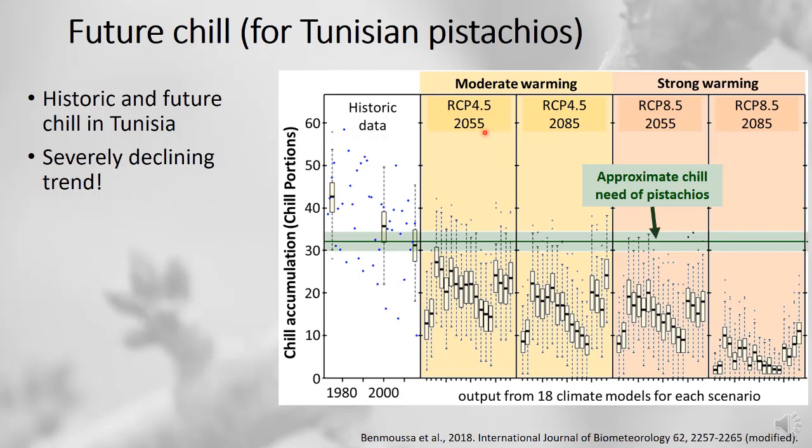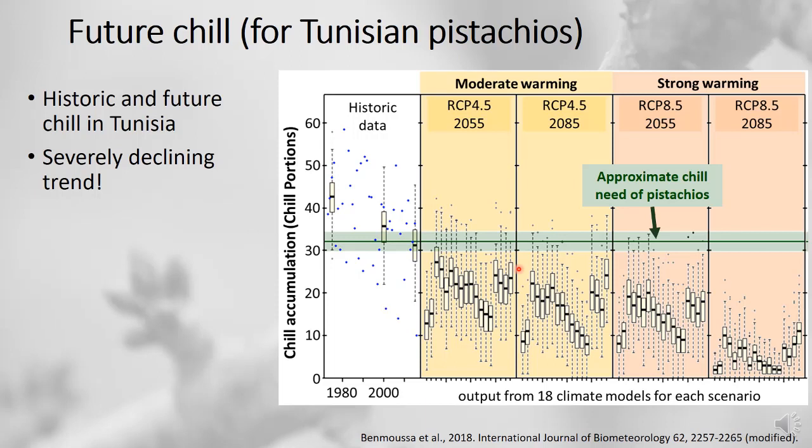And we have 2 points in time, 2055 and 2085, for both scenarios. What you see down here, according to 18 climate models, are the distributions that are plausibly expected in these particular scenarios.